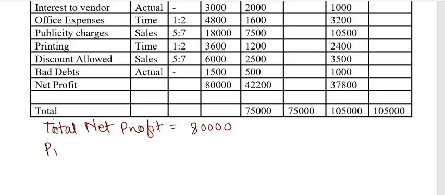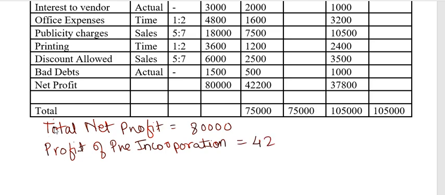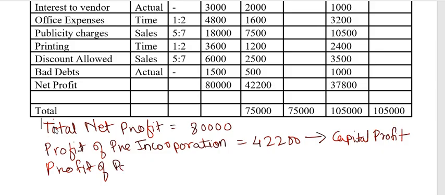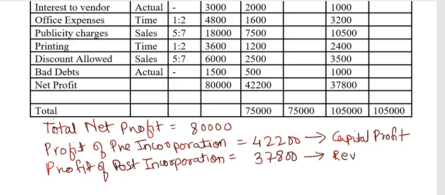Profit of pre-incorporation is 42,200, and this will be called capital profit, and profit of post-incorporation is equal to 37,800, and this profit we will call revenue profit.